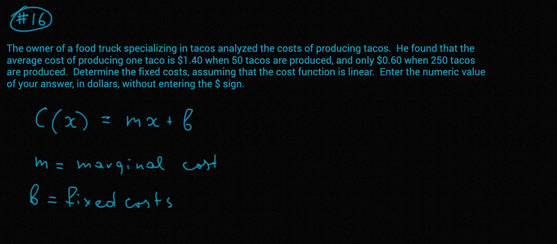So our goal is to find b because the problem is asking us to find fixed costs. So we need to find what b is, and that would be our answer.